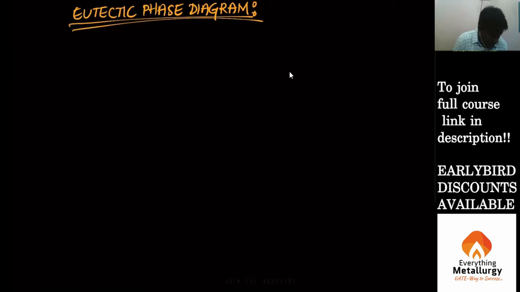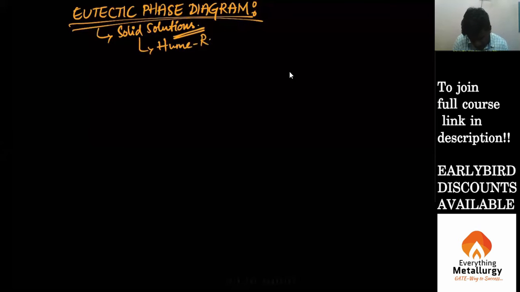In this eutectic phase diagram, we know the solid solubility, or formation of the solid solutions. The formation of solid solutions requires many rules, right, according to the Hume-Rothery rules. So we have many rules that should be satisfied in order to have complete solubility or the extent of solid solution formation.